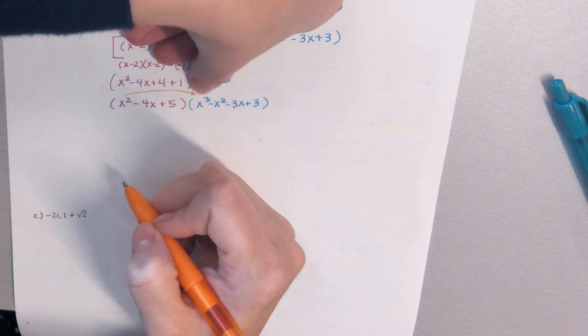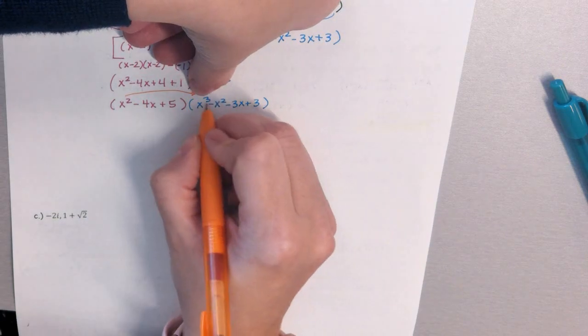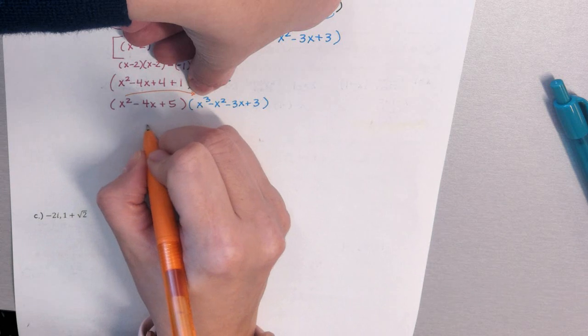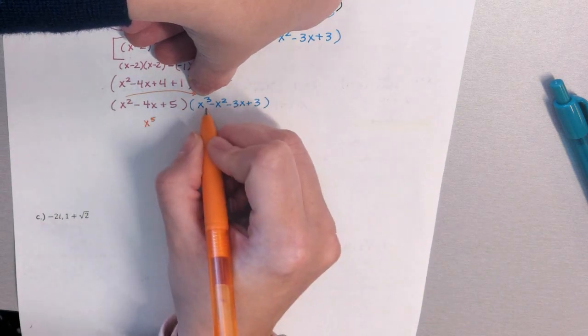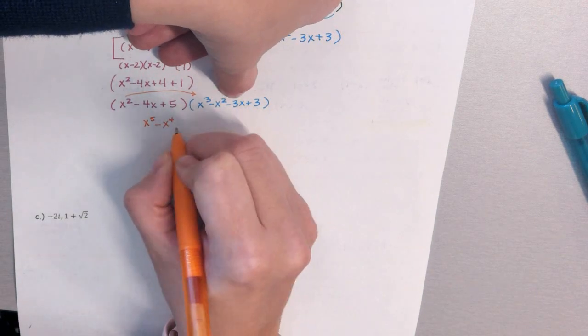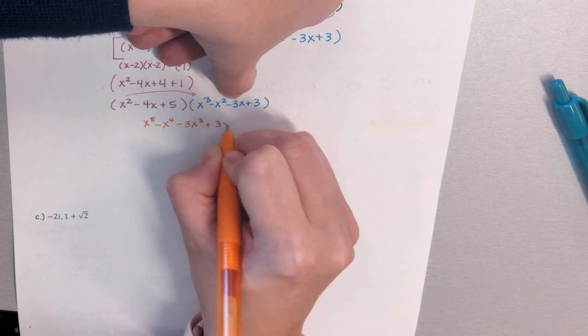When I do that, though, I do tend to use my finger as my placeholder. The first one, if it's x squared, all of these are just going up by what? Yeah, by 2, right, at the x squared. So this is going to be x to the 5th, negative x to the 4th, negative 3x cubed, and then plus 3x squared.